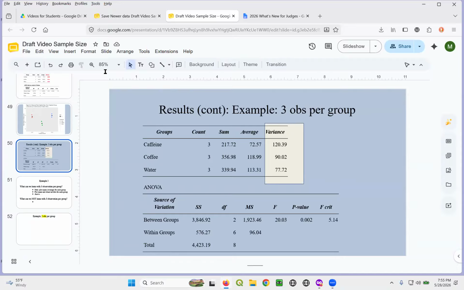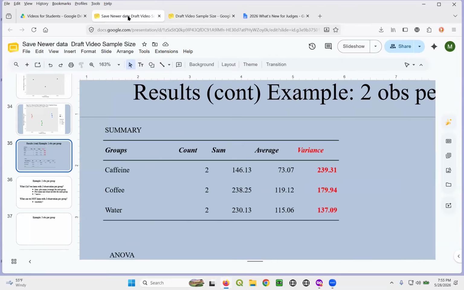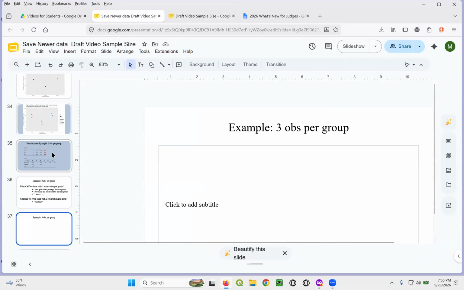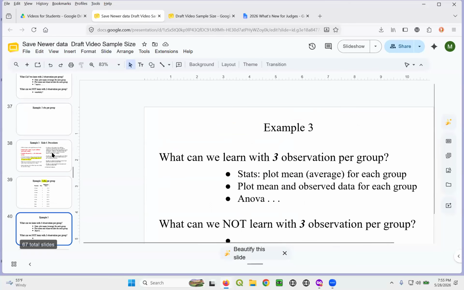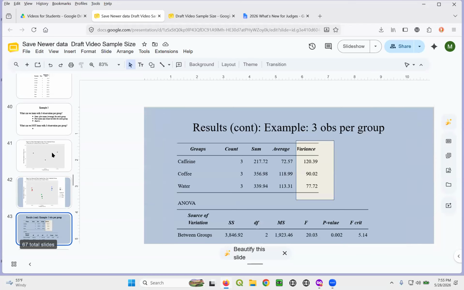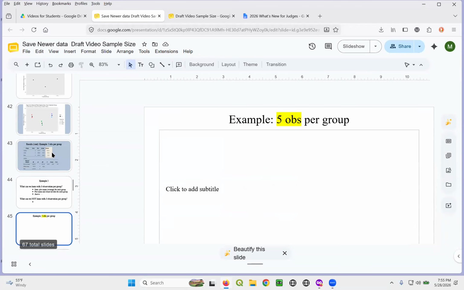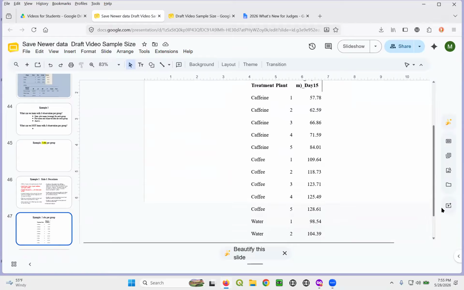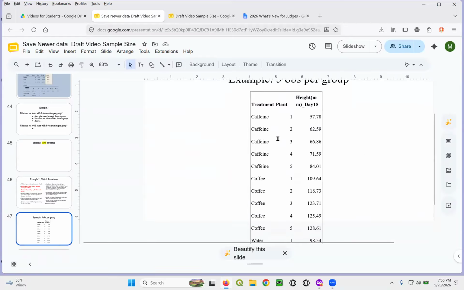Okay. So let's look at last week's data for three. For, I meant five. So caffeine goes from 57 to 84.